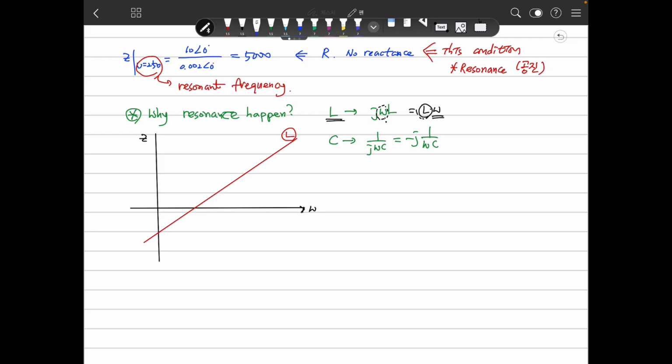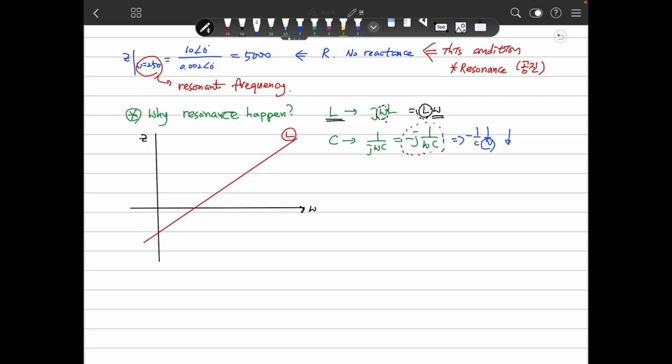However, for the capacitor, the magnitude is 1 over omega C. What happens when increasing omega? It will be reduced.